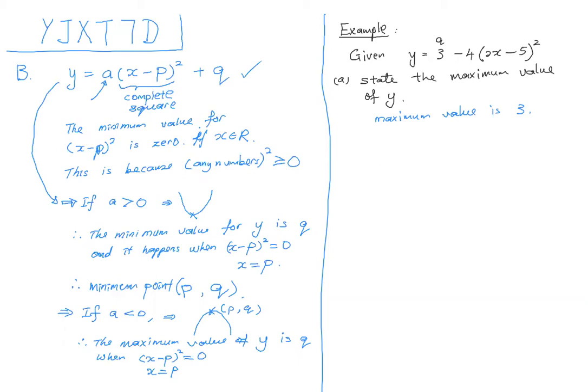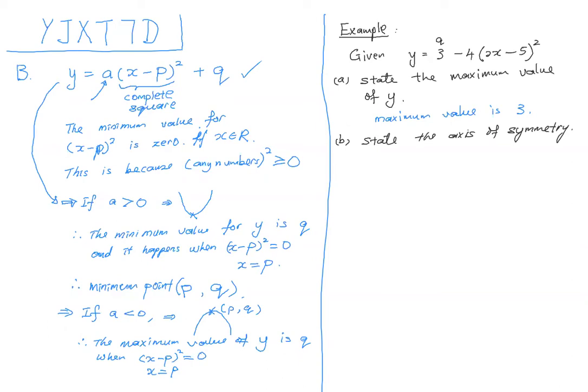Okay, then part B, I ask you, state the axis of symmetry. Can you? 5/2. Okay, 5/2. How do you get that?